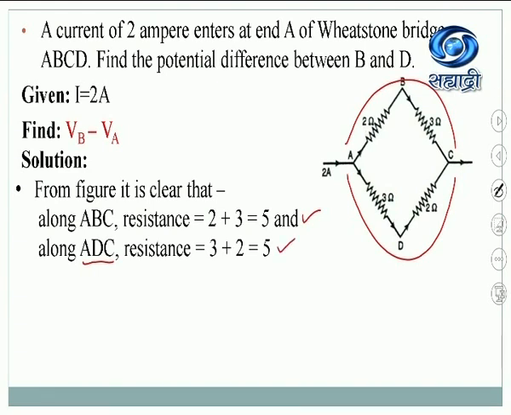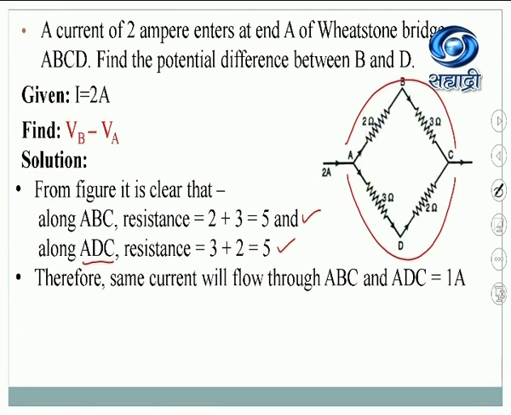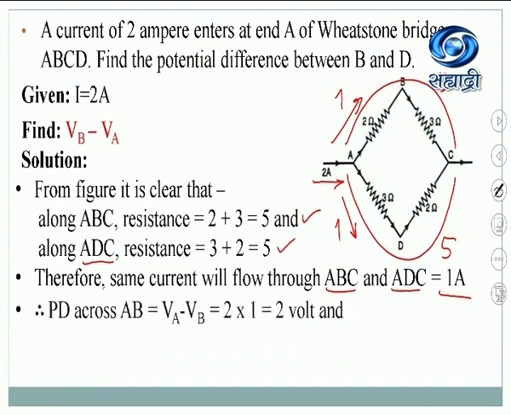Therefore, the same current will flow through ABC and ADC, because the total resistance in ABC is 5 and in ADC it is also 5. Current entering is 2 ampere, so 1 ampere must go here and 1 ampere must go here. So the current in either ABC or ADC must be 1 ampere.